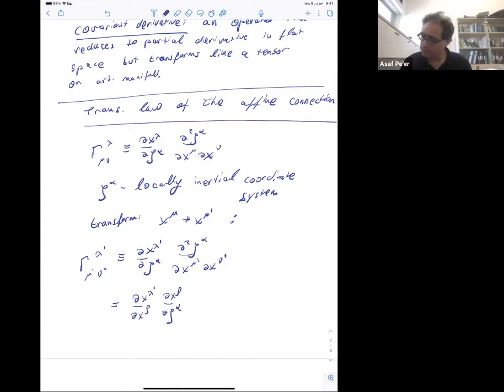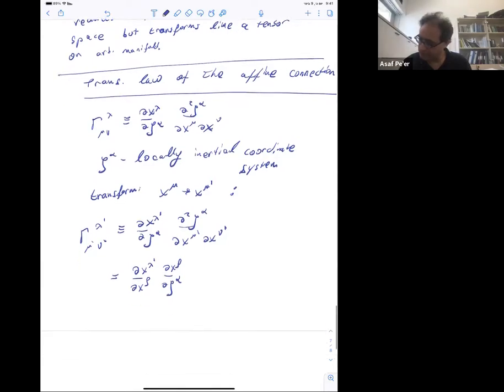And then this one, just to clarify, I'm going to write as d over dx mu prime of d psi alpha over dx nu prime. I'm going to write it as d psi alpha over dx sigma times dx sigma over dx nu prime.